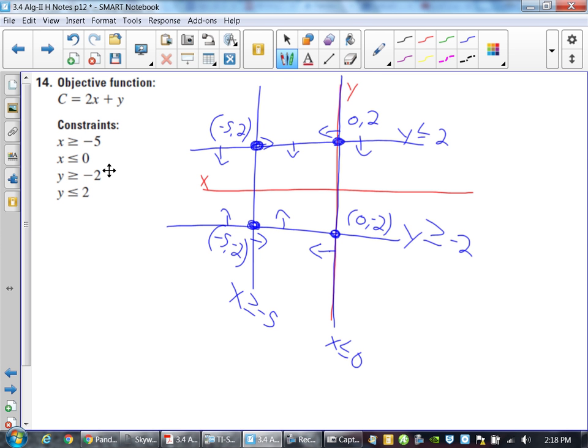And that gives you your 4 points to check. We actually use vertical lines a lot today. So hopefully I don't screw it up again. Okay? Yes, sir. Those are the 4 points you would check then. Which one gives you the biggest number? Which one gives you the smallest number?